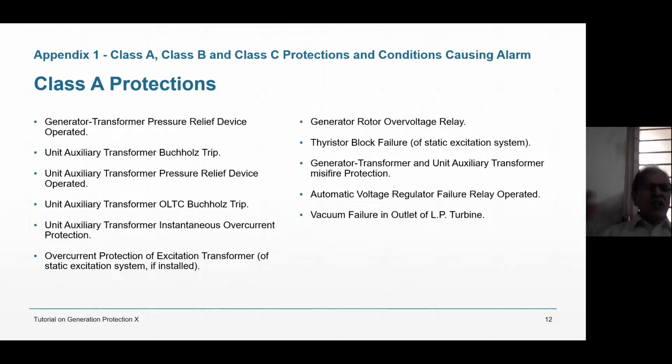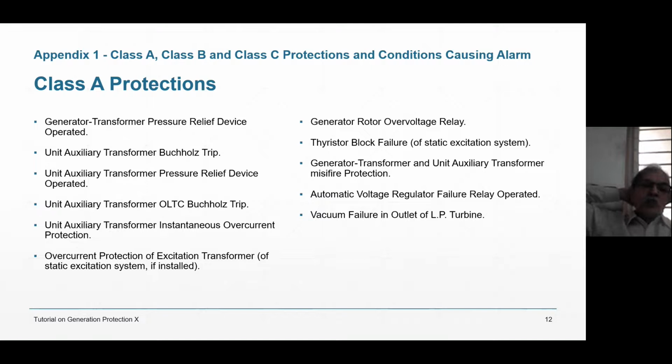It can burst the generator transformer hole also. So there is a pressure relief device. We call it explosion vent also, where there is an aluminum diaphragm, and because of pressure it will break and the gas will come out, so that the generator transformer cannot blast.